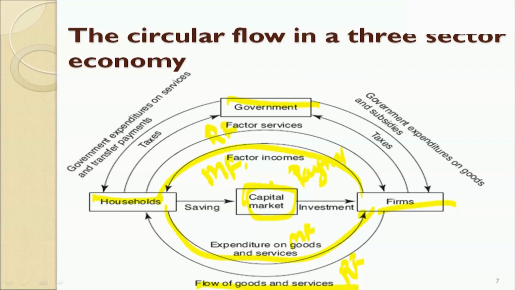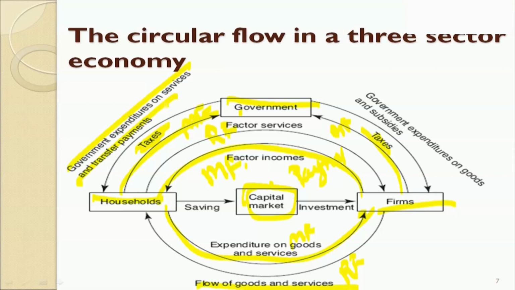What are those? For that, you need to understand, firms are paying taxes to the government, a money flow. Individuals or the households, the families, are also paying tax to the government, what we call a money flow. And what is the government doing? The government spends on services and transfer payments, which means on whatever service is utilized from the household.